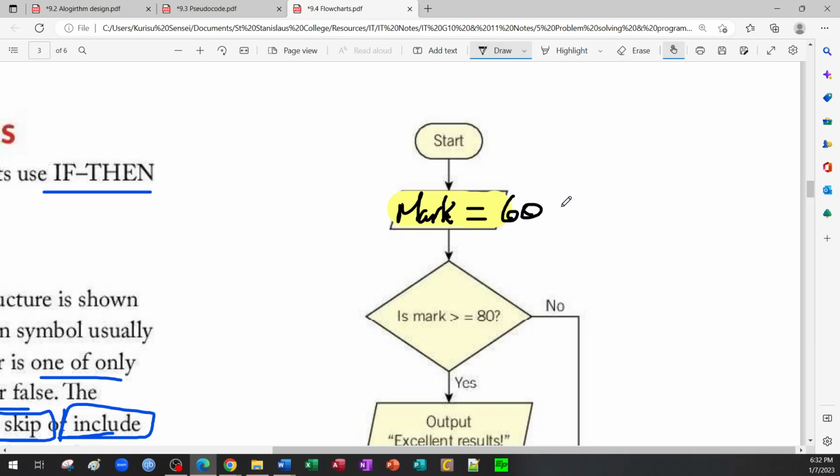So that's initializing, right? So they could have said that here. So we have our terminal here. We start. So just imagine this is a process, and we initialize mark equals 60.